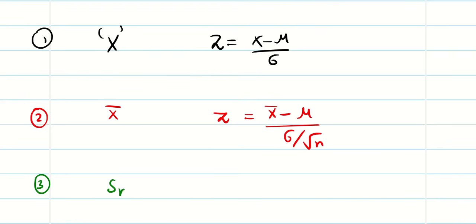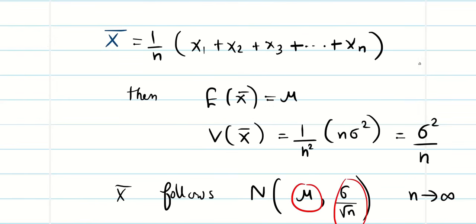Suppose in exams, if x bar is not given, if Sn is given, what do you have to do? We know the formula for z. What is x bar? My x bar is nothing but summation by n, which is Sn by n.